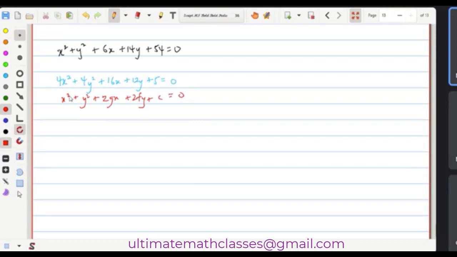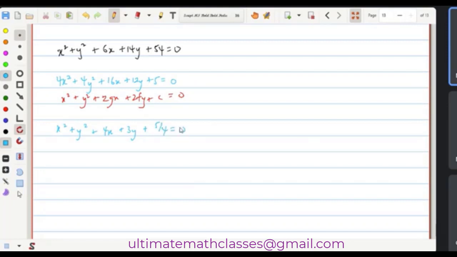So first make sure of that by dividing everything by 4. You get x squared plus y squared plus 16 divided by 4 is 4x, and 12 divided by 4 is 3y, and c is 5/4, equal to 0.